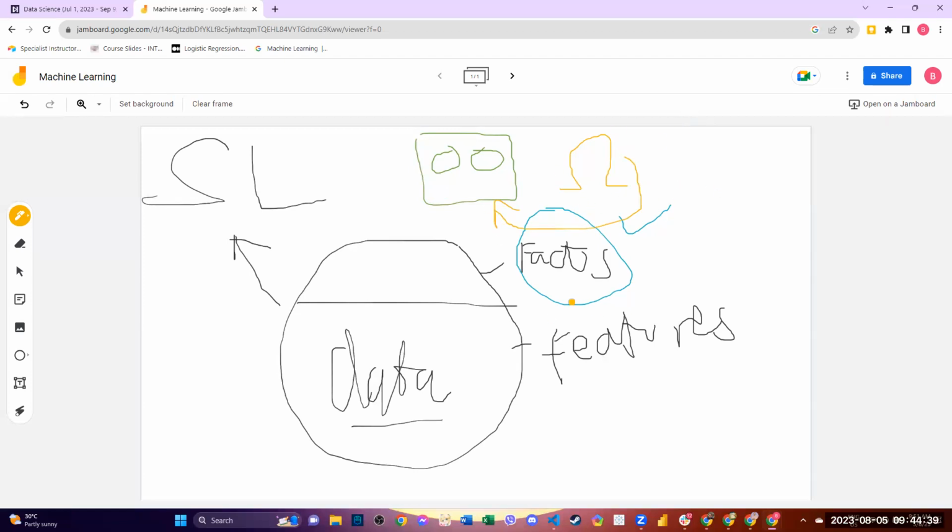The supervisor provides facts for the machine to follow, so the machine only follows in this kind of machine learning. Let me ask you a question: who provides the facts, the machine or the person? The person, the people, basically us. The data scientist prepares the facts coming from the data.